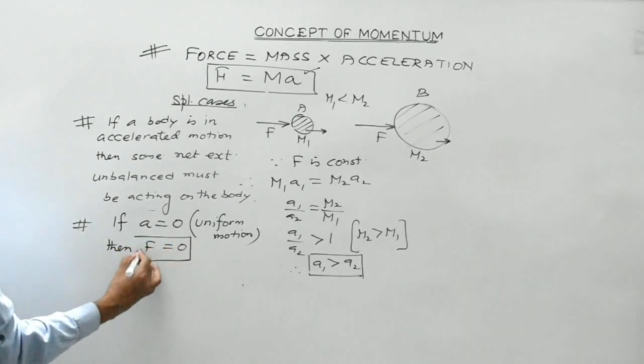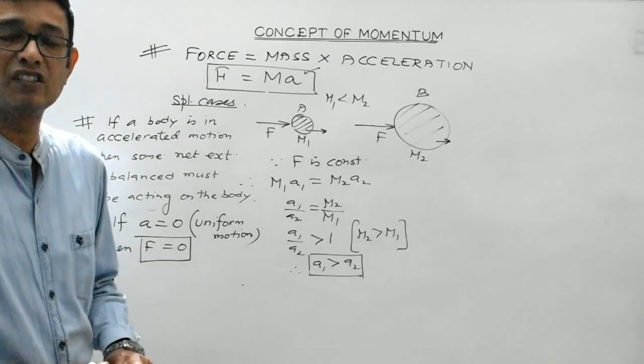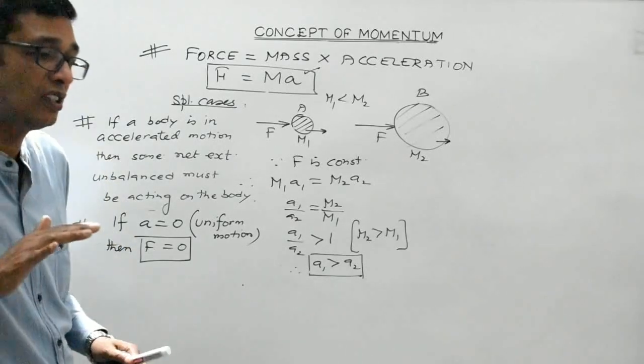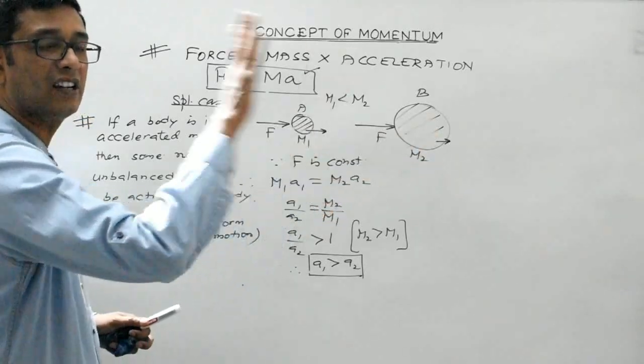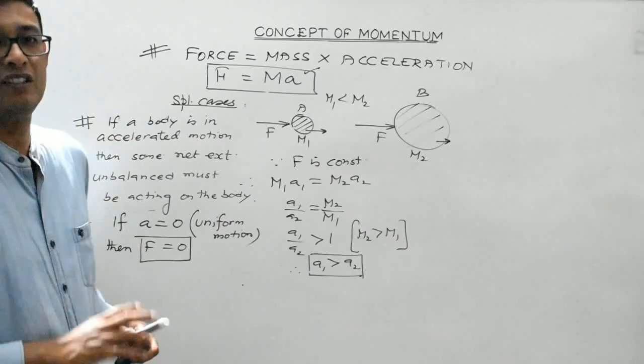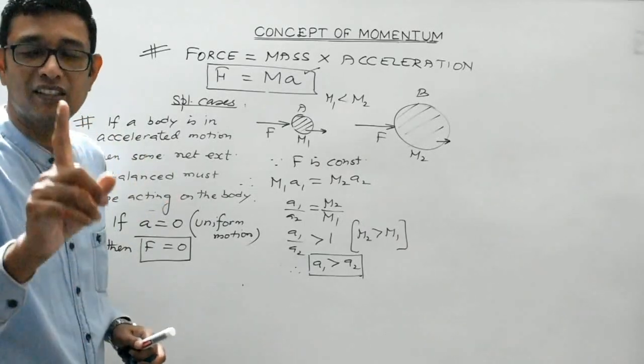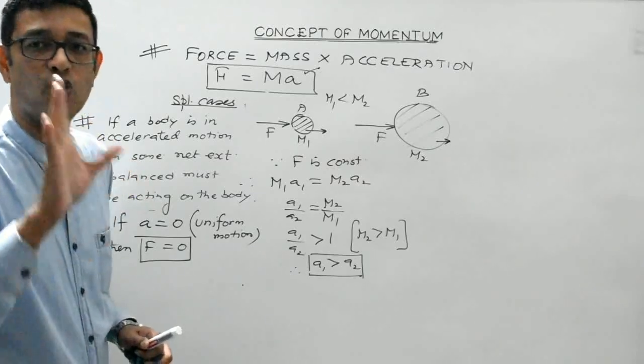Then no net external force acts on the body. So that is what we have discussed in the earlier session as well. If a body is in uniform motion along a straight line, then no net force acts on the body. Net force acts on a body only when the body is in accelerated motion.